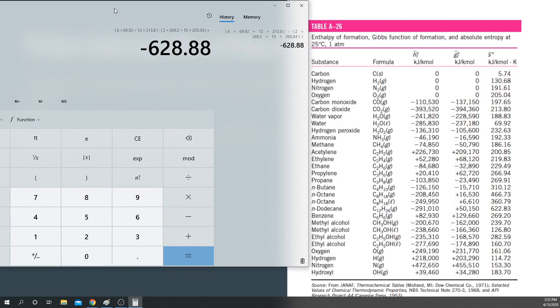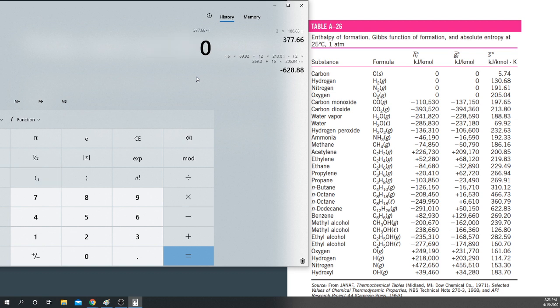So let's go ahead and real quick do water. Products minus reactants. We have 2 water gaseous. Where's water? 188.83. So 2 times 188.83. Enter.